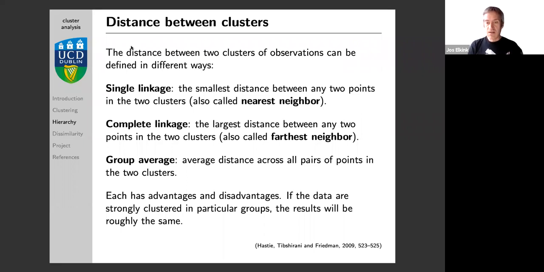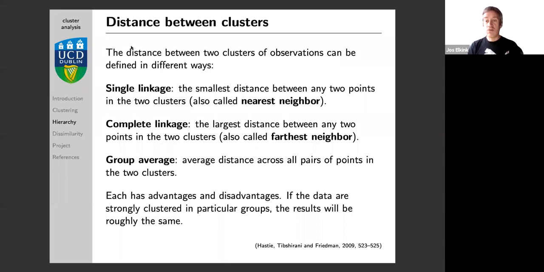Complete linkage is the opposite. It's the distance, the largest distance between any of the 2 points. Yeah, so we take the point in group 1 that is furthest from all the points in group 2, and the point in group 2 that is furthest from all the points in group 1, and we take them as the distance. And finally, there's group average. You take all the pairs of all the points in both clusters, and you average the distance.